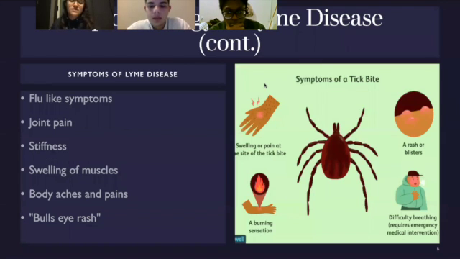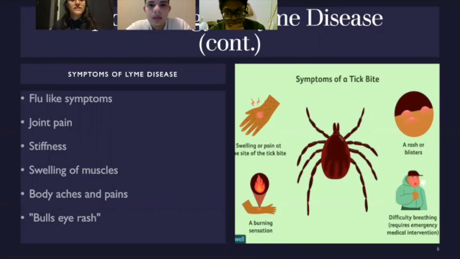So what symptoms do you get from Lyme disease? Basically, once you get the bite of a tick with Lyme disease, you will experience a lot of flu-like symptoms. As you can see in the image below, it is very impactful over time.